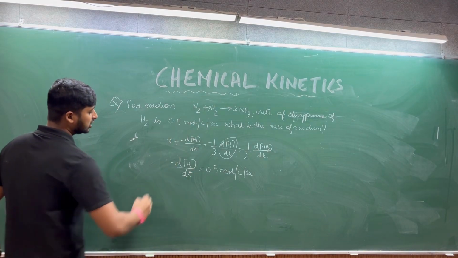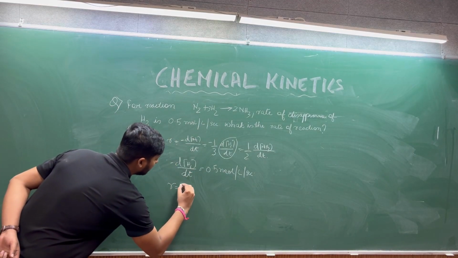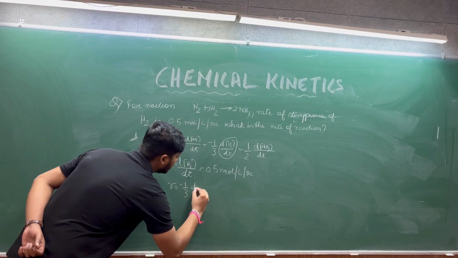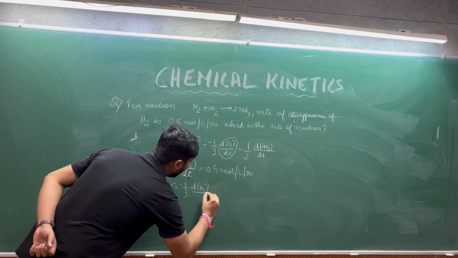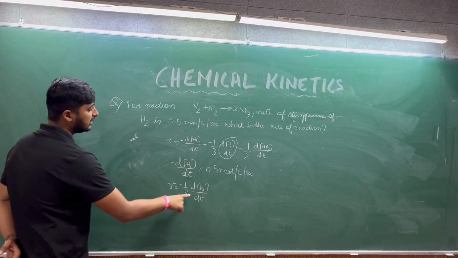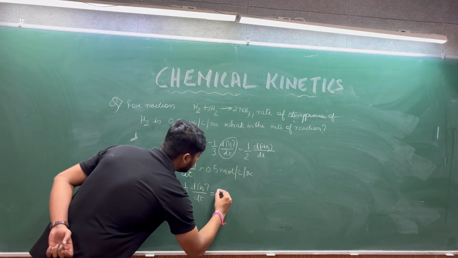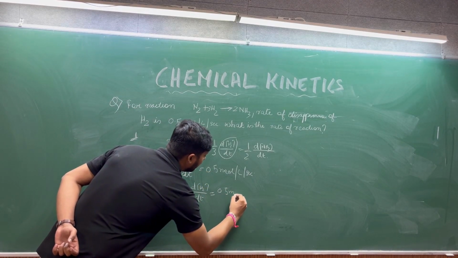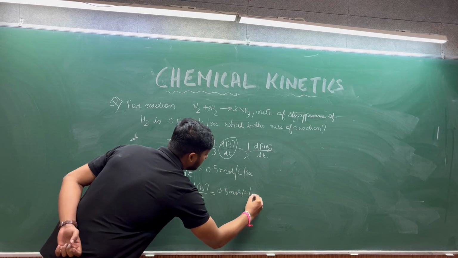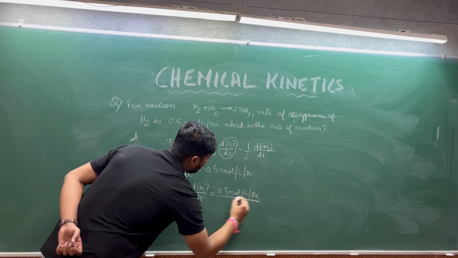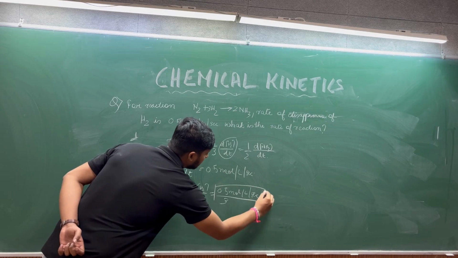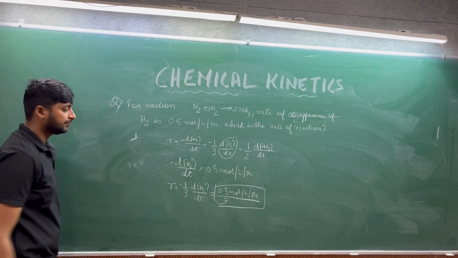So rate of the reaction will be minus 1 by 3 d of H2 by dt. Now minus d of H2 by dt is 0.5 mole per liter per second, so it will be 0.5 mole per liter per second divided by 3. This will be the rate of the reaction.